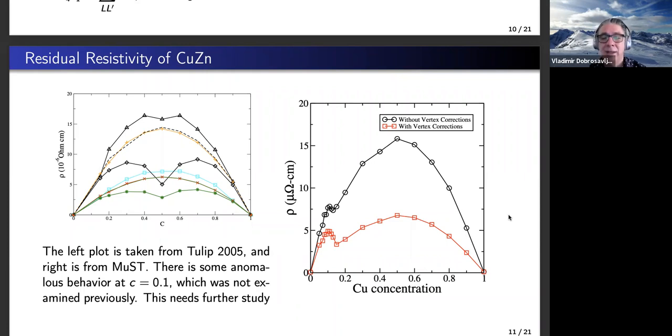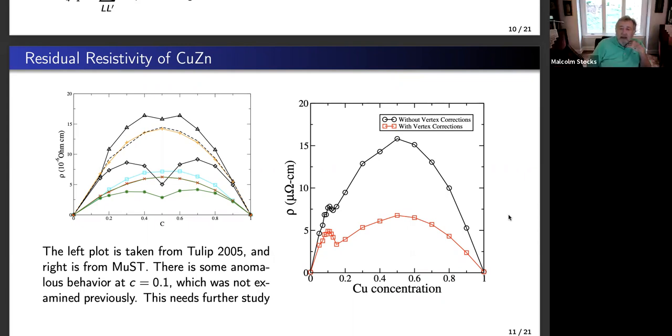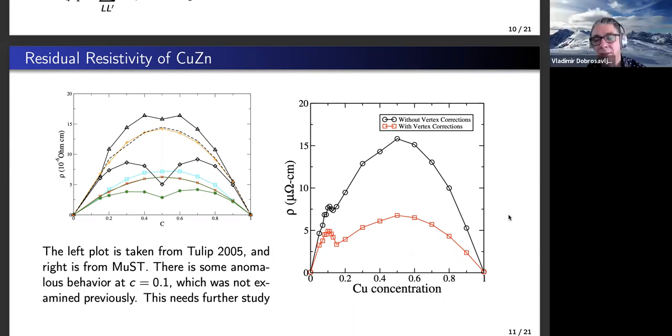But in the single-site case, my understanding was, and maybe other people here who have been working on CPA and on TMT before can comment, that you don't actually have to put them in because they would cancel out, at least in the single-band case.